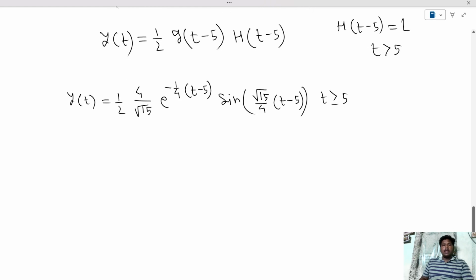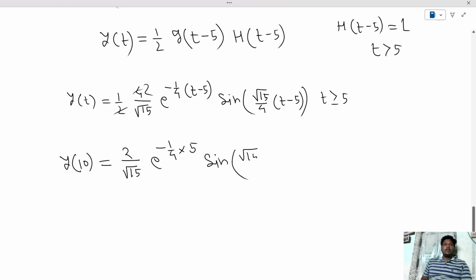So y10, because 10 is greater than 5, तो हम लोग इसका value निकाल सकते हैं. So this 2 is cancelled. This gives 2 by root 15 e to the power minus 1 by 4 into 5 sine root 15 by 4 into 5.